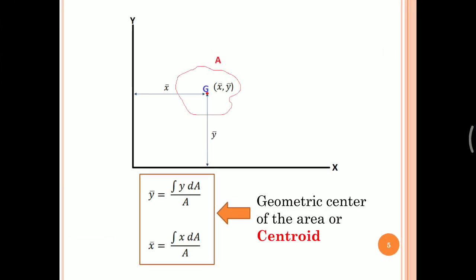So that is our coordinates, or concept of centroid.